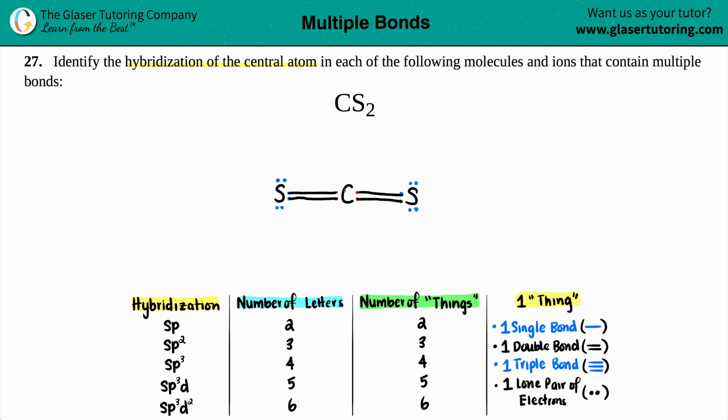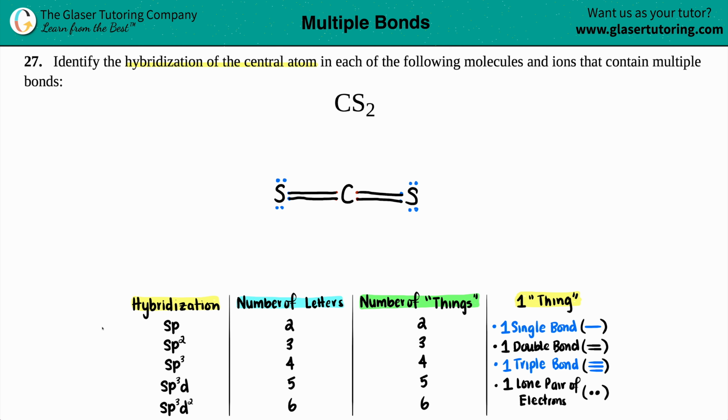Now we're going to solve for the hybridization of the center atom, which is the carbon. When we're doing hybridization, there's a total of 5 of them. These are just the orbitals that are overlapping to form your bonds. The easiest way to go about hybridization is linking up the letters to how many letters there are.